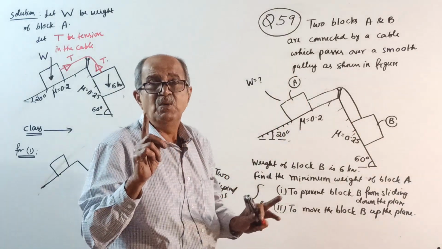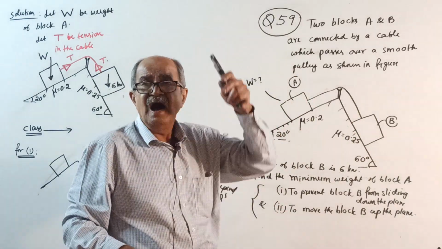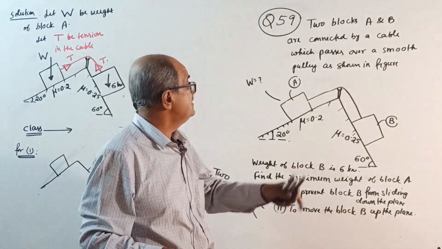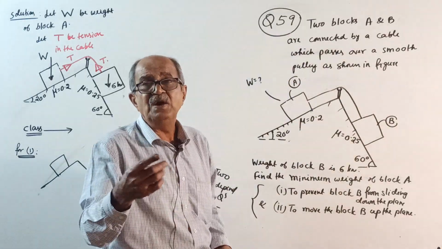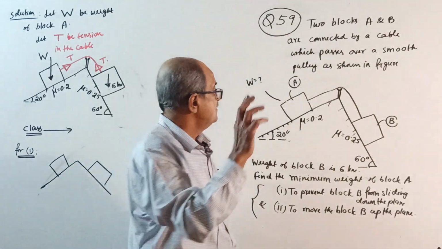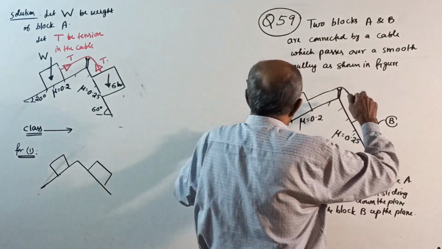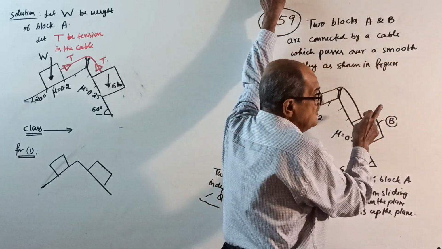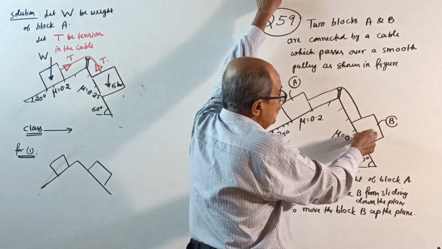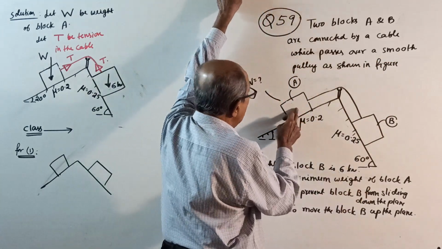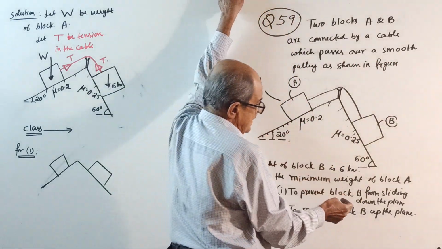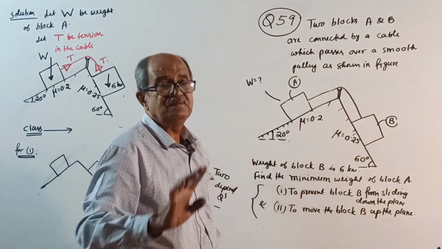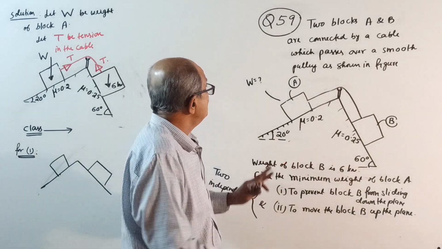Already explained in the previous class. Next class, this question 60 and two other questions are there. I will give the weight of block A and ask what is the weight of block B to prevent block A from sliding down, and then second, to move block A up the plane. Next class. Now this is the question.